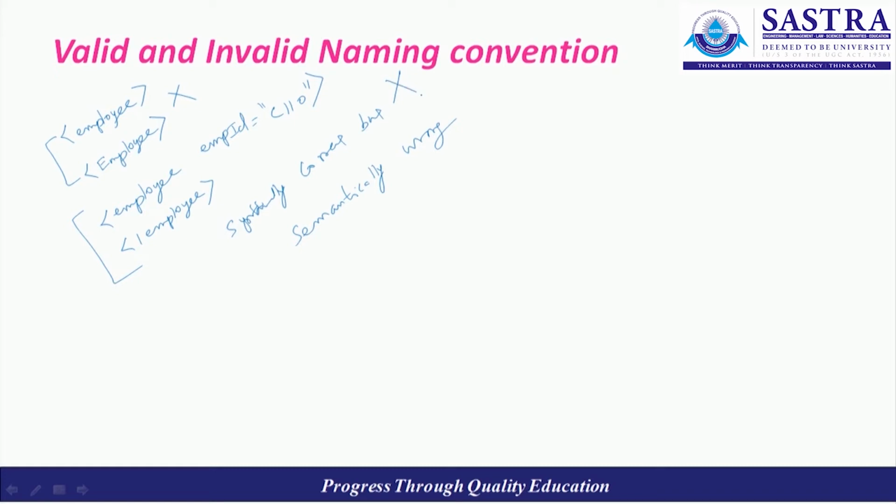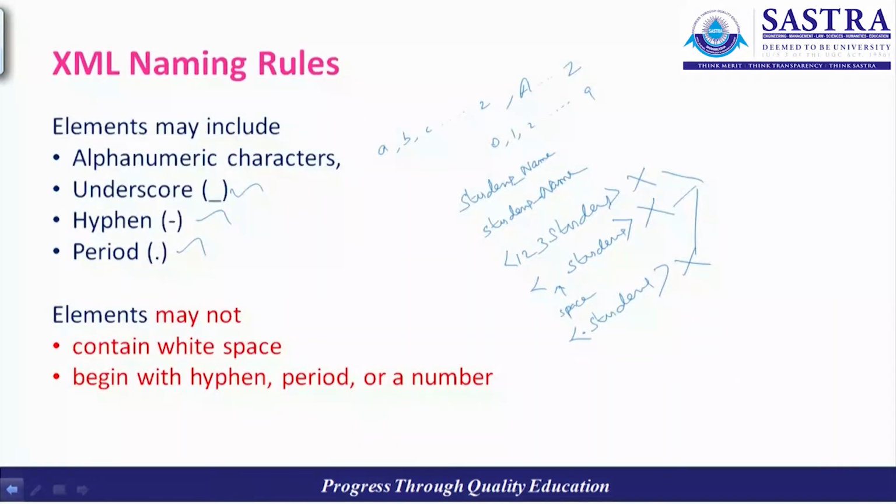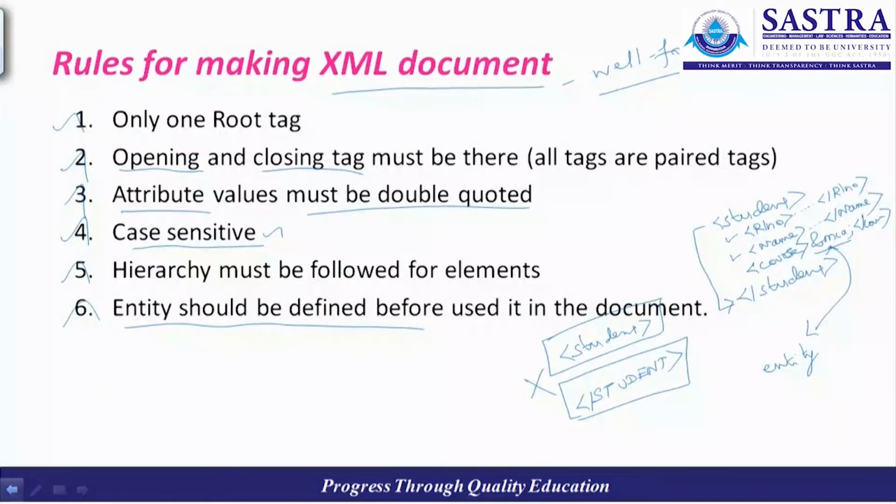We have to consider well-formedness as well as semantic rules. But remember, the browser will not check semantic correctness. The browser checks only syntactic correctness. What are the syntactic rules? We have written them already. These are the 6 rules. Only one root tag.